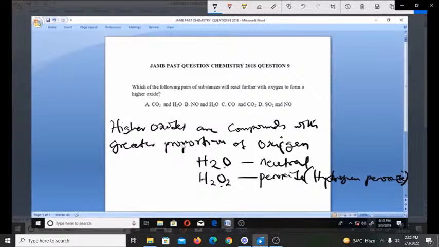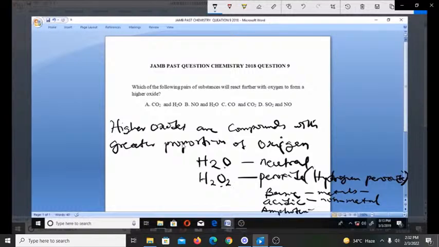You should know that we have neutral oxides, higher oxides, basic oxides, and acidic oxides. The acidic ones are from non-metals, and they form acidic solutions. The basic ones are from metals, and they form basic solutions. There are also what we call amphoteric oxides.